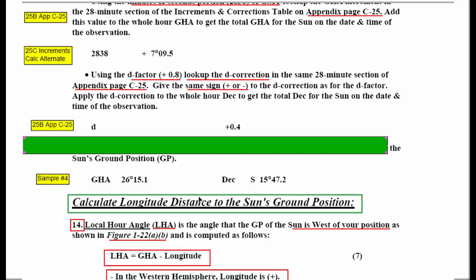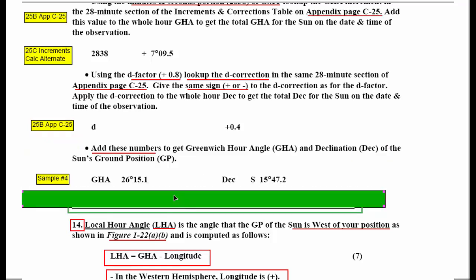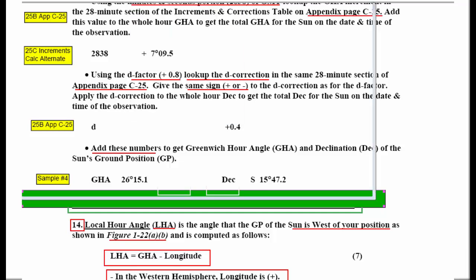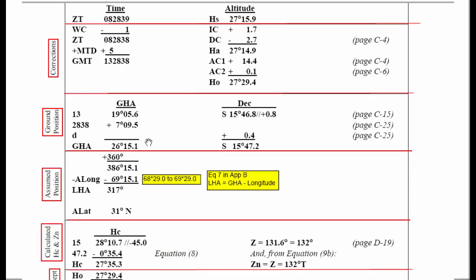And we add up all that arithmetic, and we get the Greenwich hour angle and the declination of the sun's ground position. GHA 26 degrees 15.1 and declination south 15 degrees 47.2. And we see that written here.